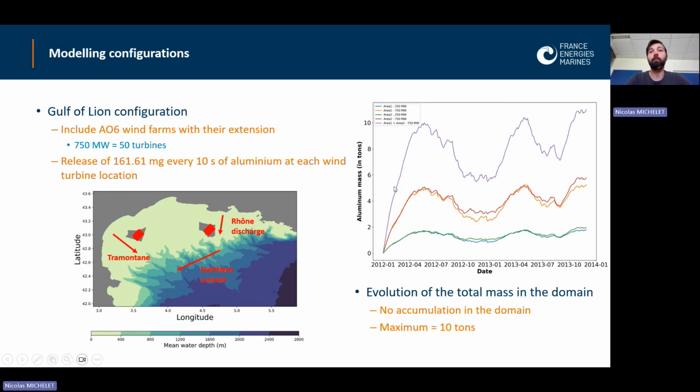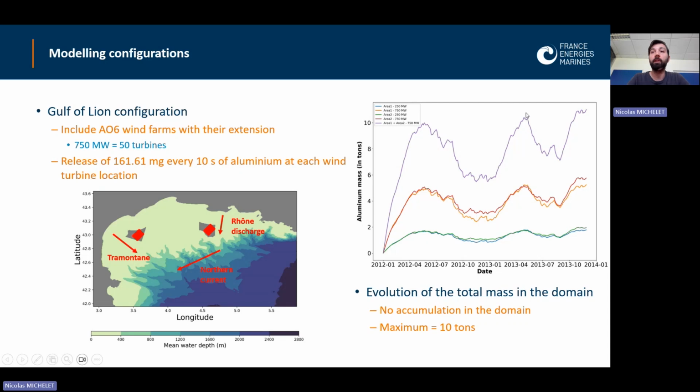We can see that during the summer period, we have a huge decrease of the aluminium mass, which means that the aluminium is evacuated outside of the domain, followed by a part which is stable around the winter and fall.